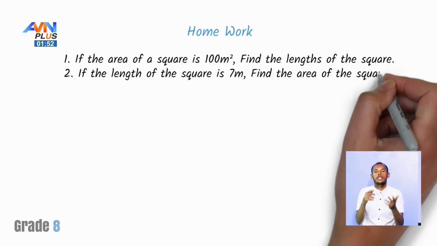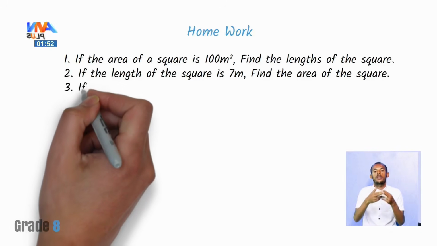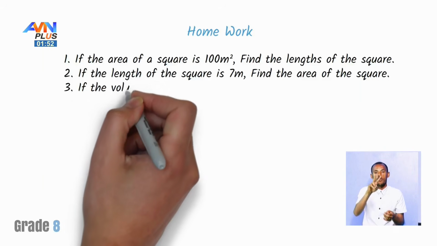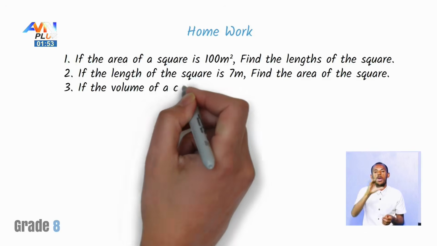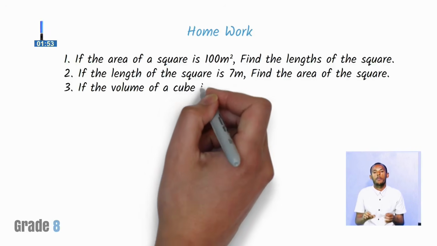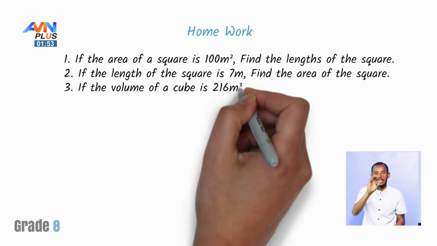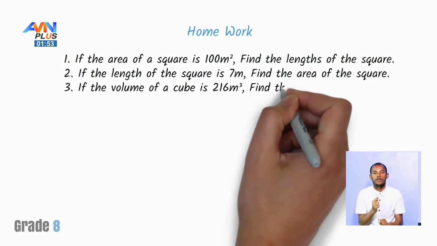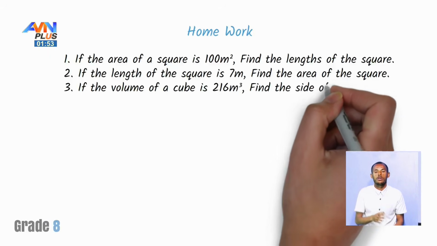The third one is a question related to a cube. If the volume of a cube is 216 meters cubed, find the side of the cube.